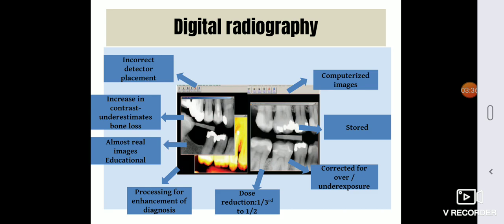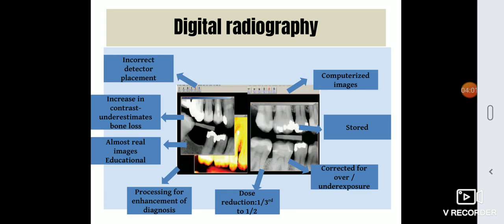Digital radiography enables the use of computerized images. They can be stored and they can be corrected for underexposure or overexposure. So the disadvantages with conventional radiography can be overcome with the help of digital radiography. By the digital storage and processing, the diagnostic information can be enhanced.